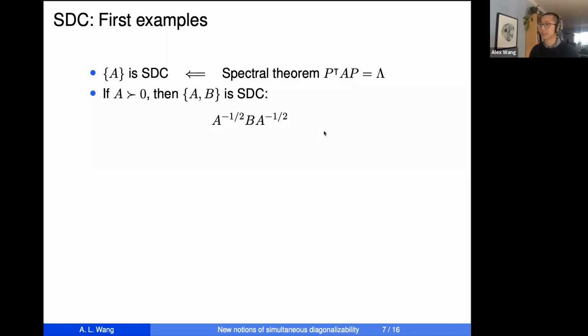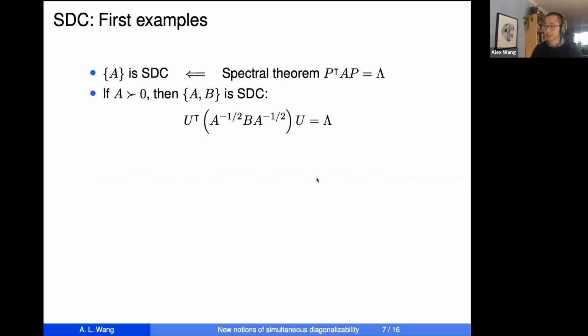This is again a symmetric matrix, and so I can apply the spectral theorem to this new matrix. So I get some U, my orthogonal basis matrix, such that U transpose times this big matrix times U is again a diagonal matrix of eigenvalues. So lambda here is going to be the eigenvalues of this larger matrix.